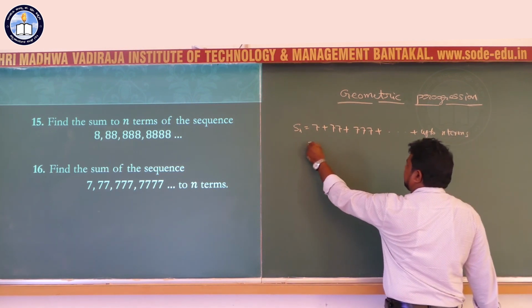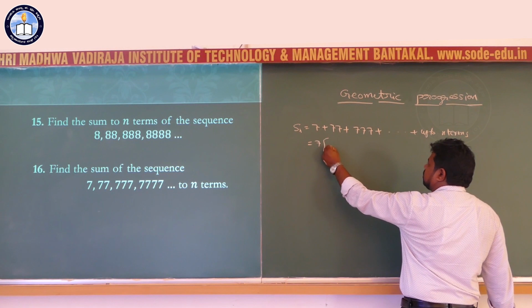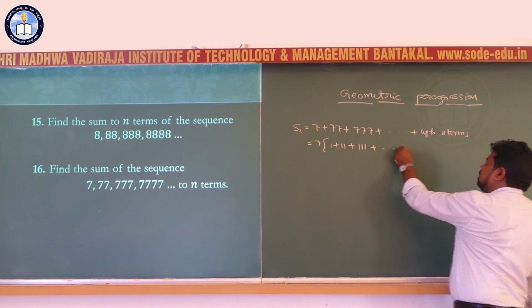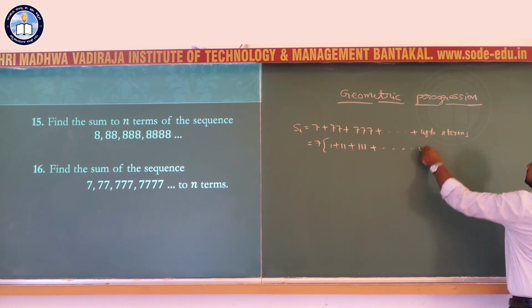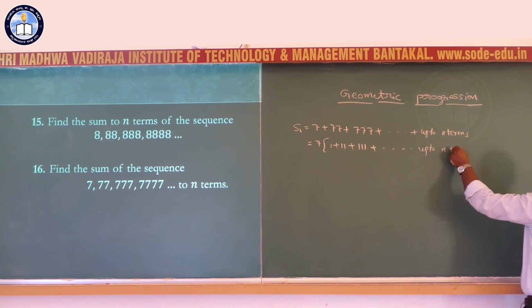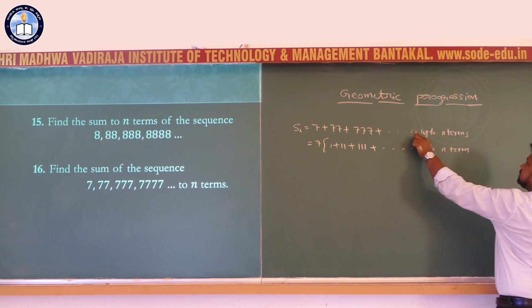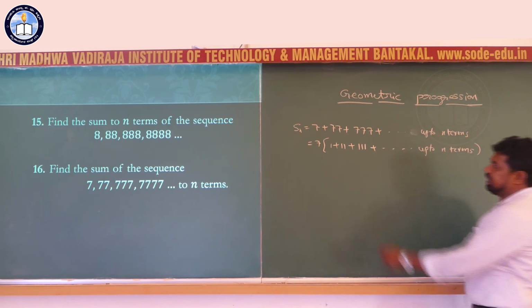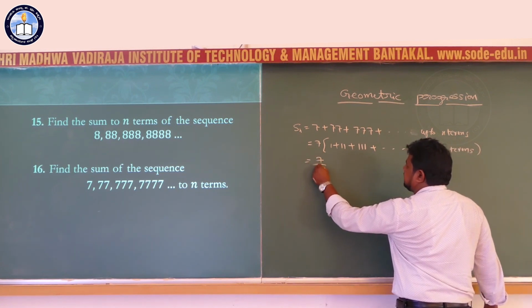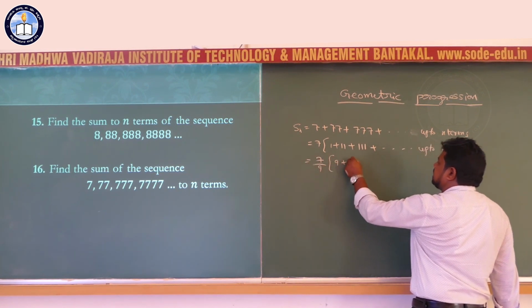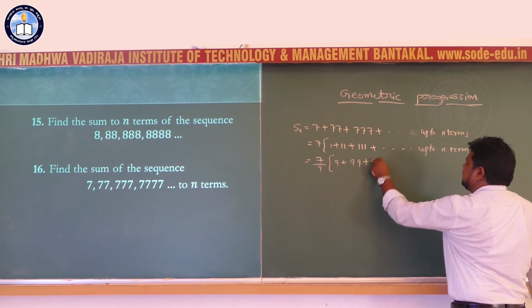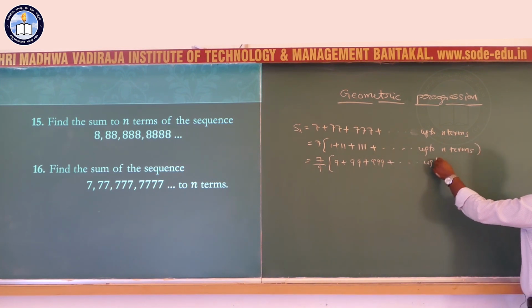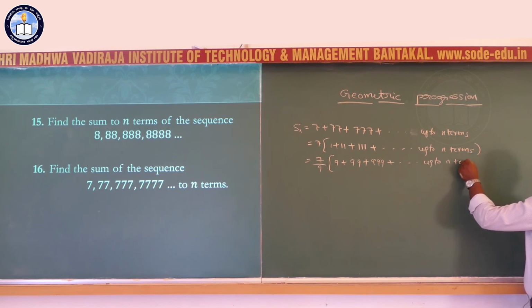Here I take 7 outside: 1 plus 11 plus 111 up to n terms. I write it as 7 by 9 into 9 plus 99 plus 999 up to n terms.